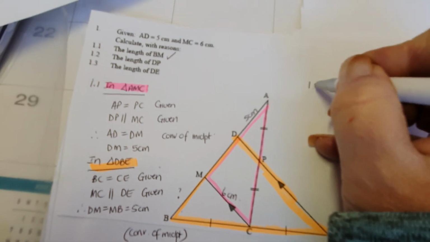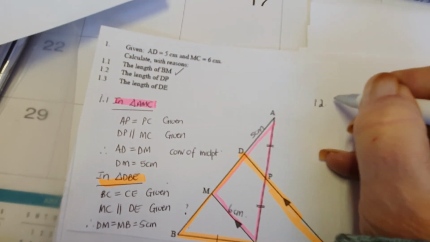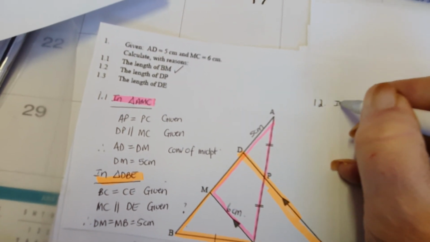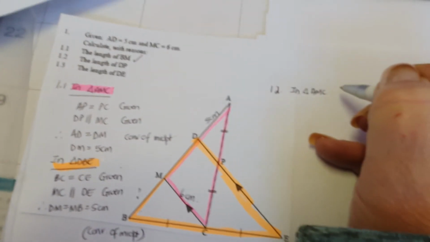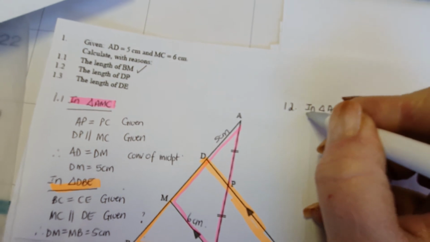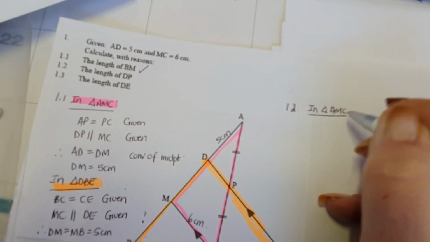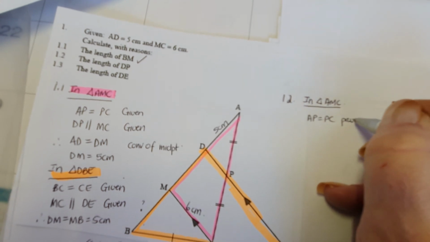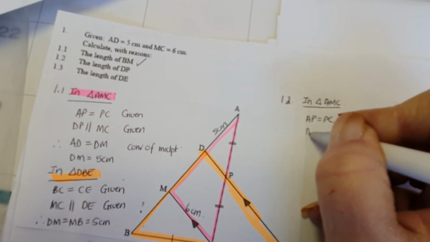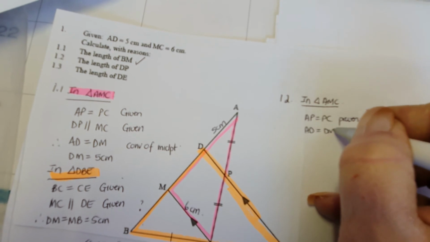So for 1.2, you will say in triangle AMC, you don't always have to name the triangle. I'll do it out of comfort. So you will say that AP equals PC proven, AD equals DM proven.